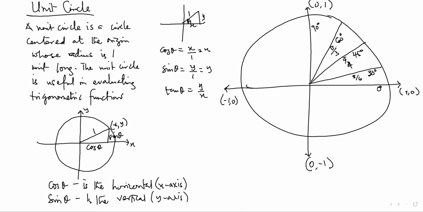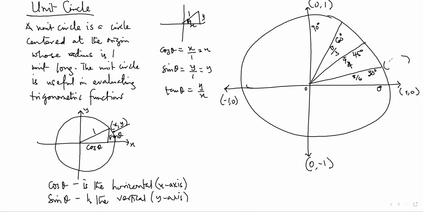Okay. Now let's see what its corresponding values will be. Listen. So you see we said x. This gives you x and y, as you can see here. So x is for cos. So what will be cos 30?